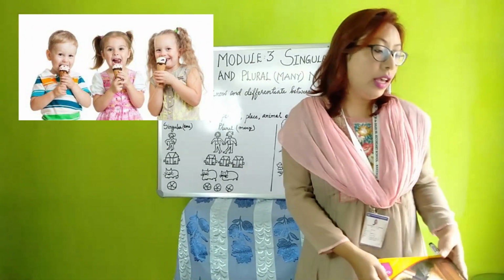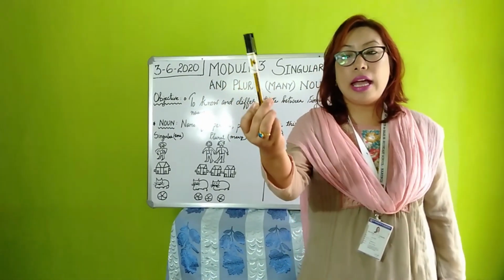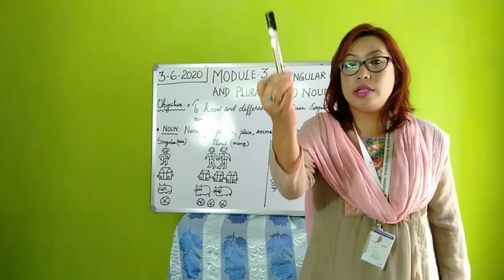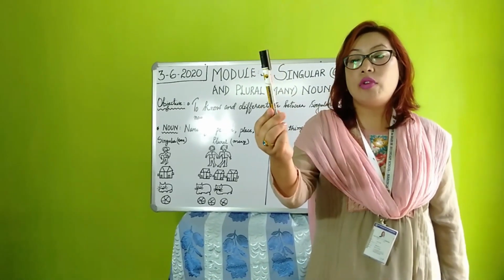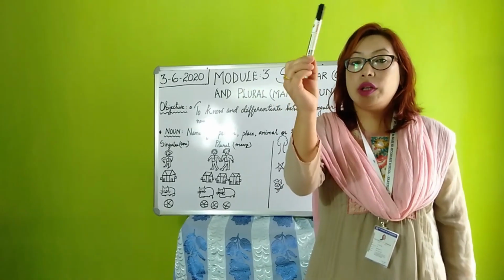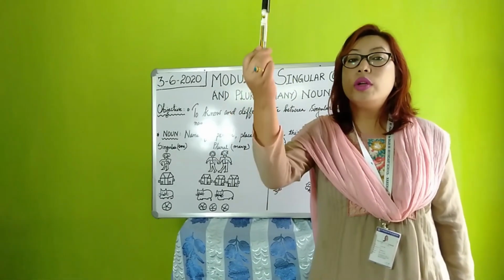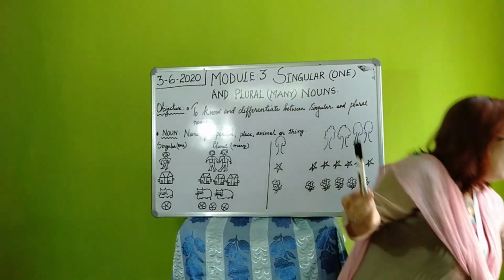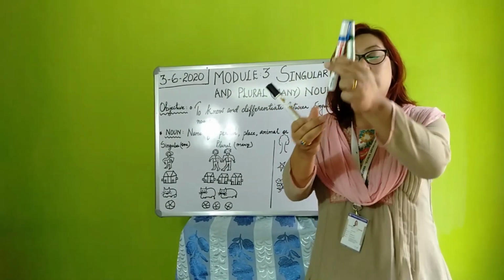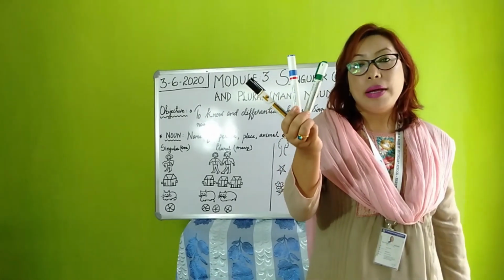I have something for you. See, what is this in my hand? It is a marker, like a pen. Is it singular or plural? It is a naming word, a noun. Here I have only one, so I call it singular. But if I take all of these, how many marker pens do I have?